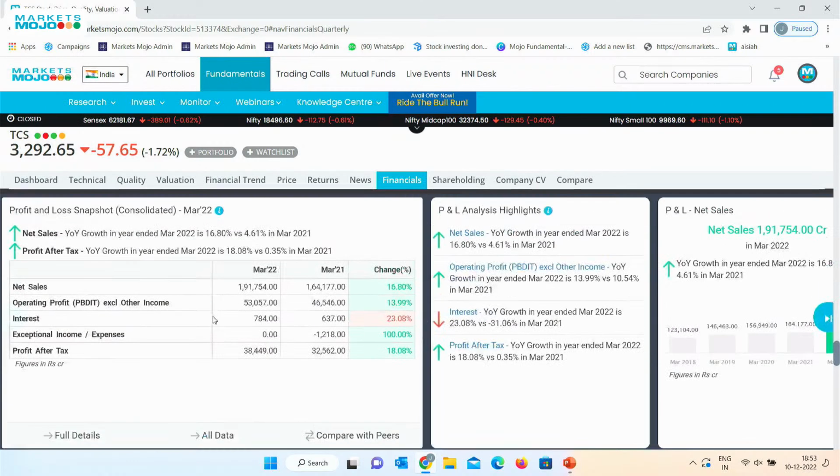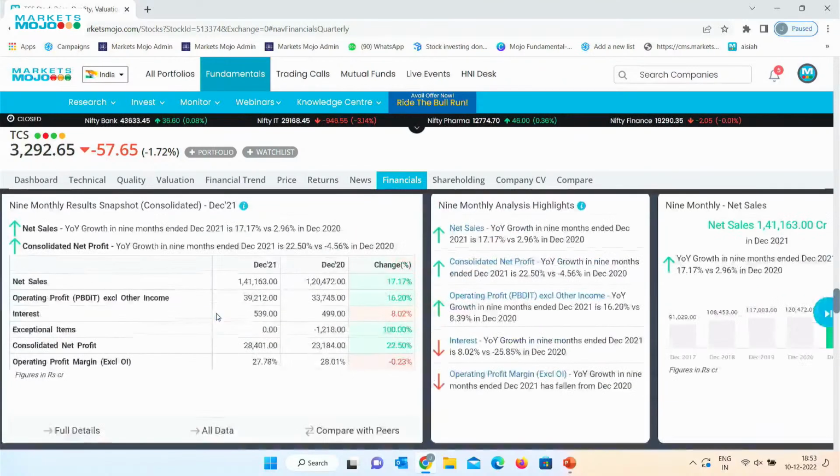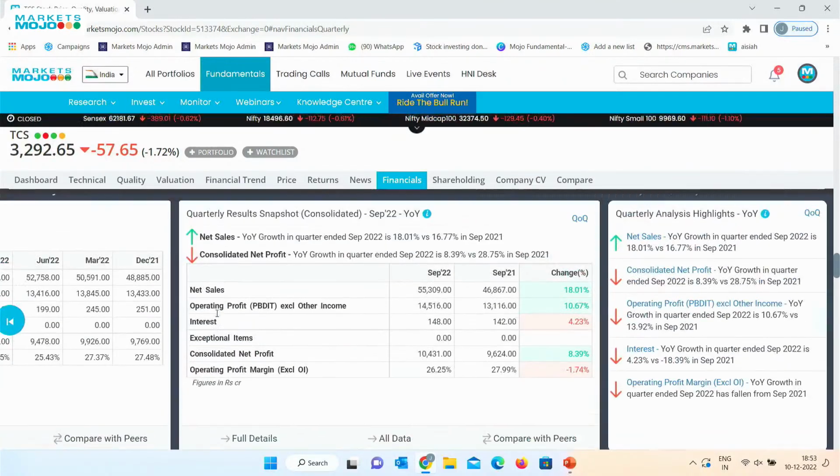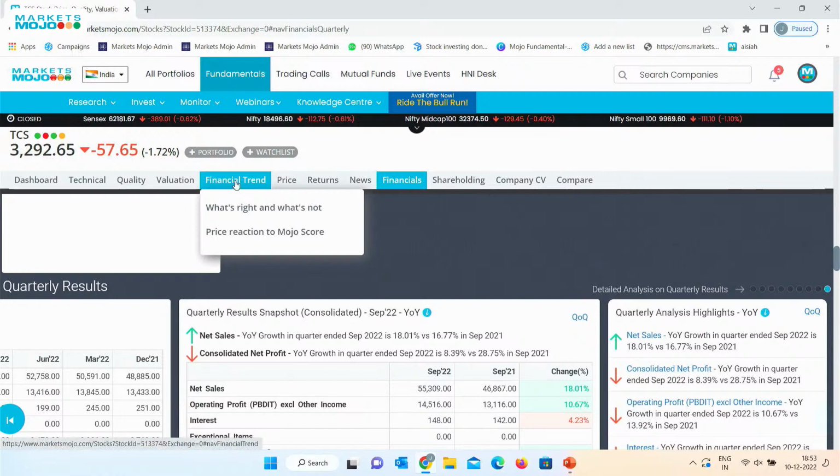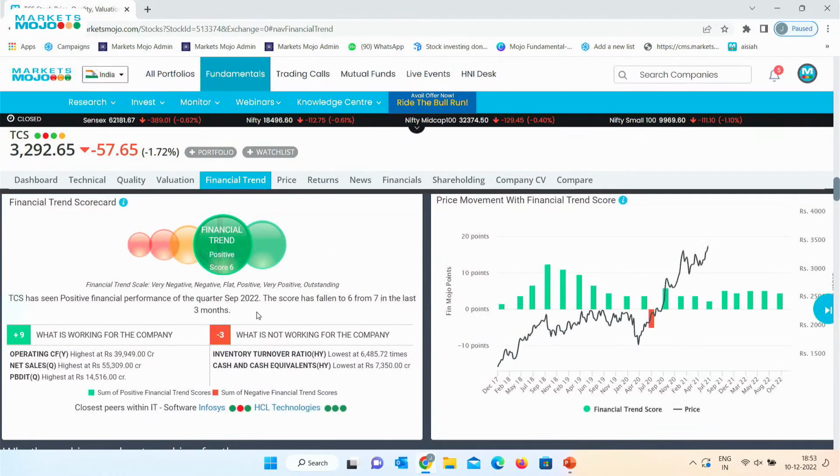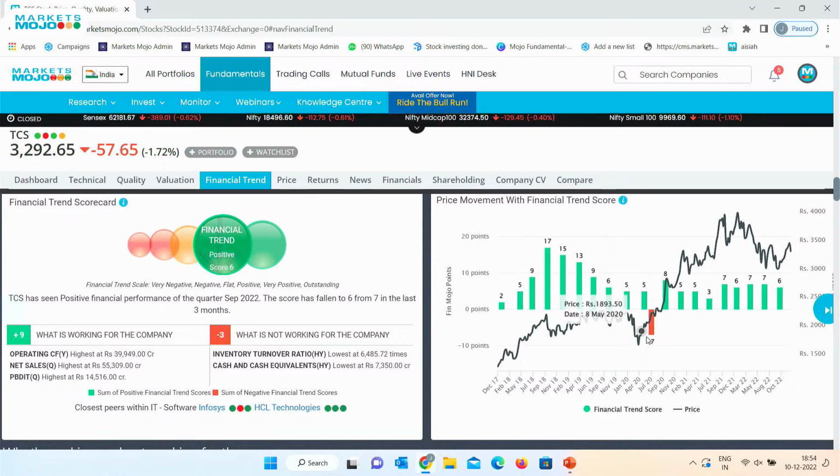Now apart from all these numbers and these statements, if you want to actually know how the company has performed in that particular quarter financially, you can go to the financial trend tab over here. This is really interesting. I have done a detailed webinar on this where I actually show you the price movement of the company, this line over here, with the CFT score. Now, after looking at all financials, we finally calculate this financial trend dot.